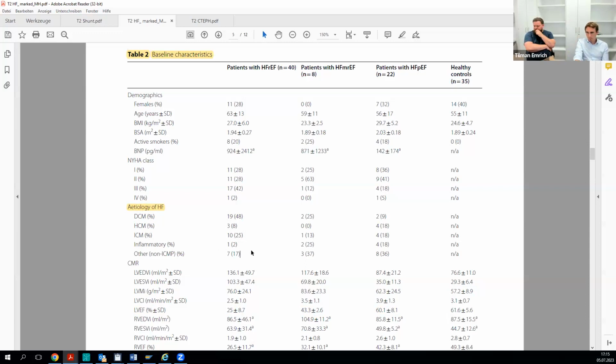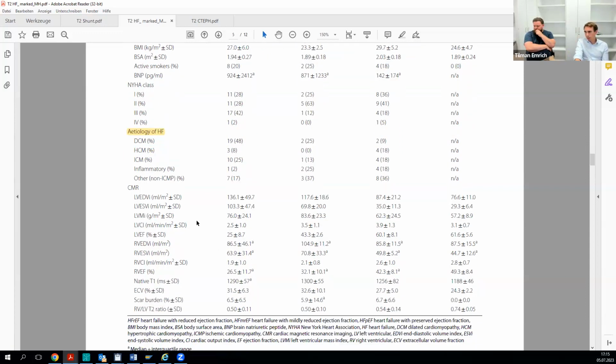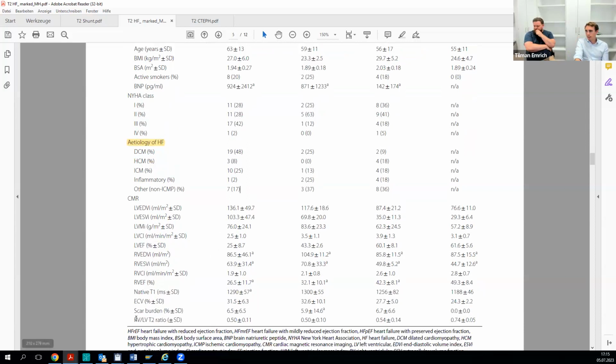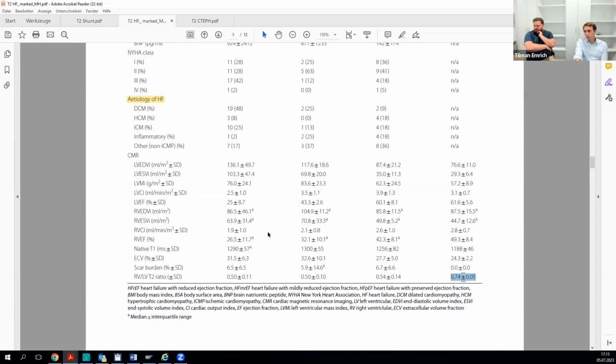But still, I think when we go further down, we can see that the RV/LV T2 ratio is reduced in comparison to the healthy volunteers, which have about a 0.7 ratio. And regardless of preserved ejection fraction, mildly reduced, or reduced ejection fraction, we see a drop in the ratio. But as you remember, we not only saw a drop that was constant for all patients, but we also saw a different subgroup of patients.